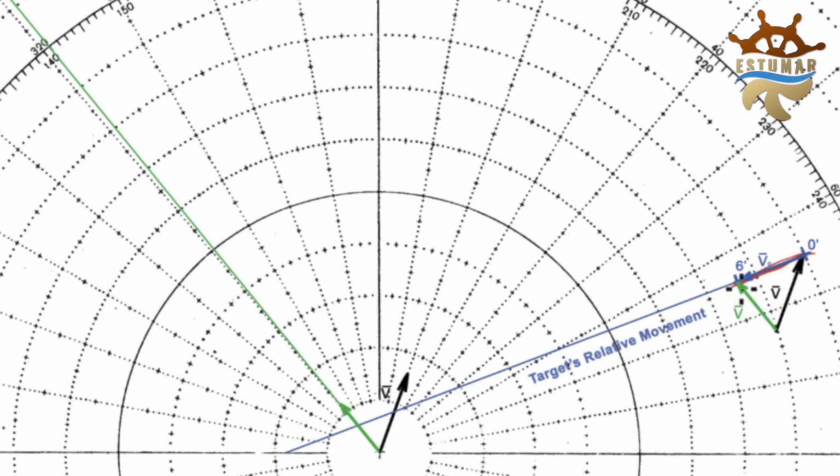Of course, she is also on our starboard side, and we will take this value and put the 12th minute here. And we start to draw the line which we would like this target to follow, and we can call it the expected target movement.